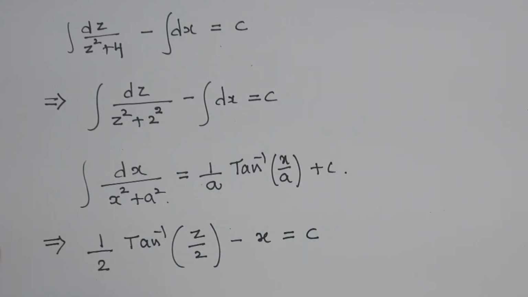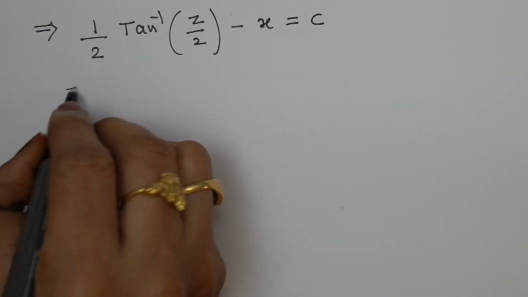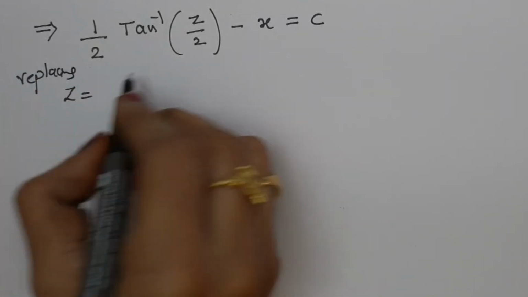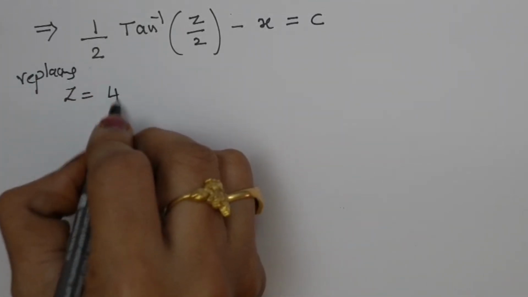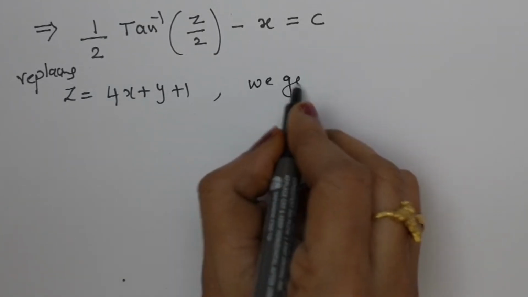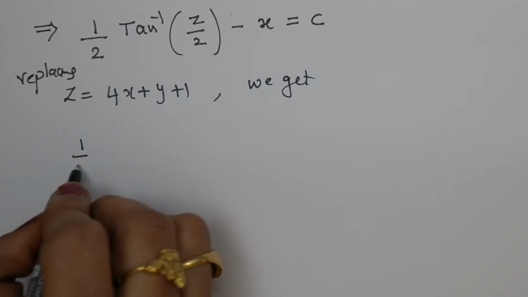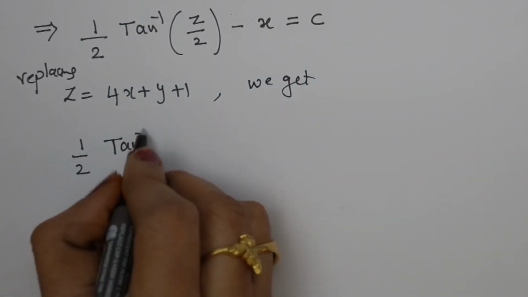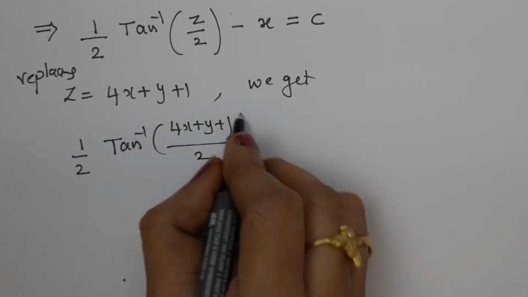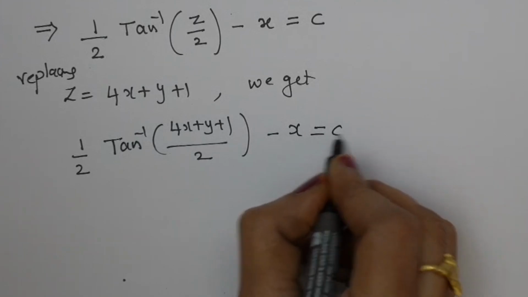Now, replacing z with 4x plus y plus 1, we get 1 by 2 tan inverse 4x plus y plus 1 by 2 minus x is equal to c.